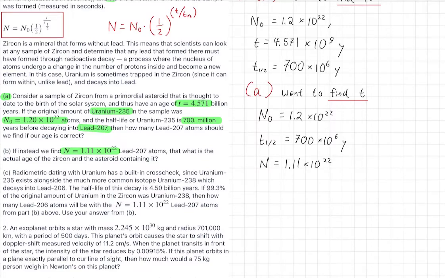And what that will look like in a calculator step is that first you just need to divide both sides by n naught. So you're going to have n over n naught on one side. On the other side of the equation, you're going to have that exponent, the 1/2 raised to the t over t 1/2. But you need to find t, right? You need to get that out of the exponent.